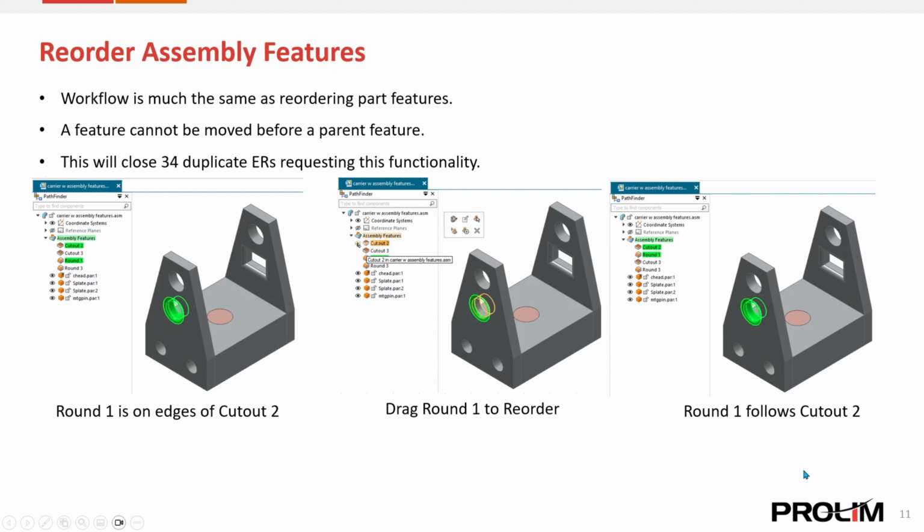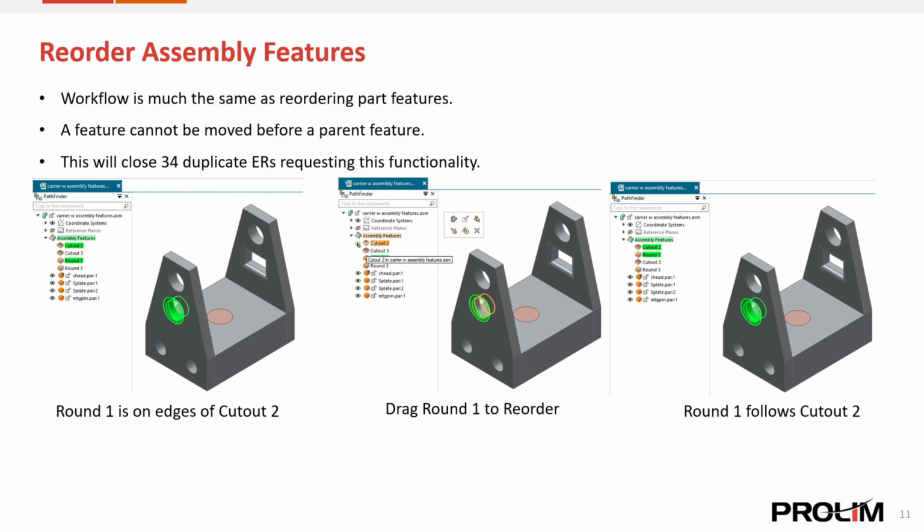Next, we have the option to reorder the assembly features. This was an existing ER, and this ER had been filed by 34 different customers requesting this functionality.